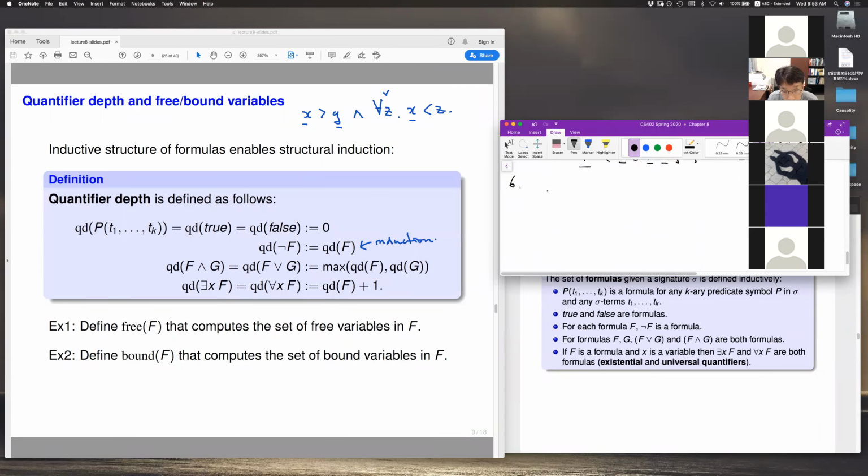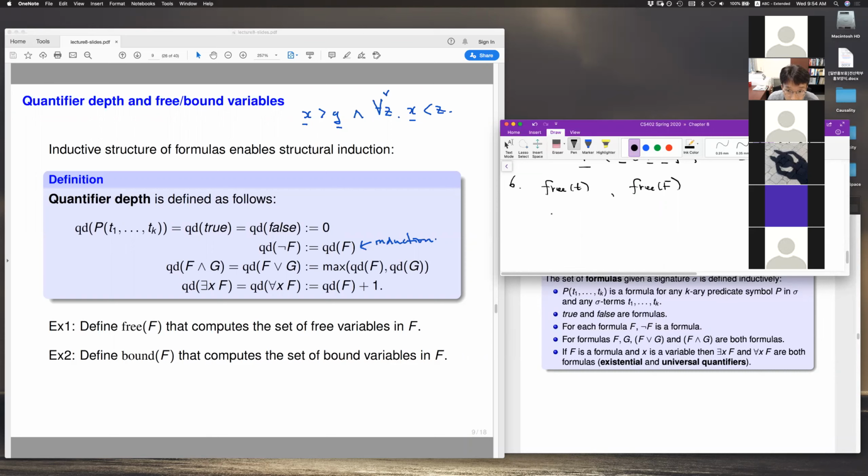So to solve the first exercise, we first define free of term t that returns all the free variables in t, and then using this we define free of formula f. It's a bit like defining two functions recursively.